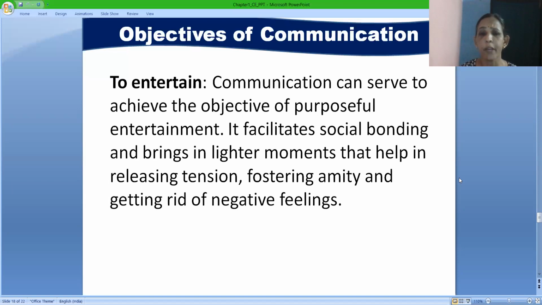To entertain, you must have seen movies like Pushpak Vimanam, where there was no voice at all. It is a silent movie, beautifully portrayed by Kamal Haasan and Amala. But still, you will see that the communication is done. Every time you need to remember, when we talk about communication, it is not necessary to be verbal communication. It could be non-verbal communication too. So communication also happens in entertainment.